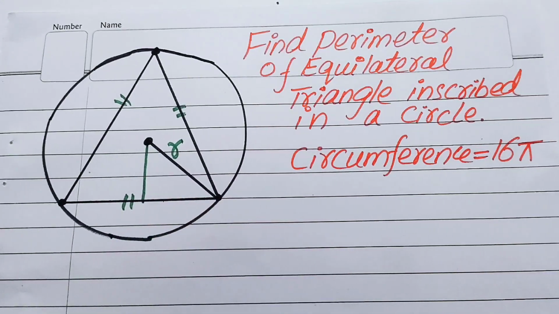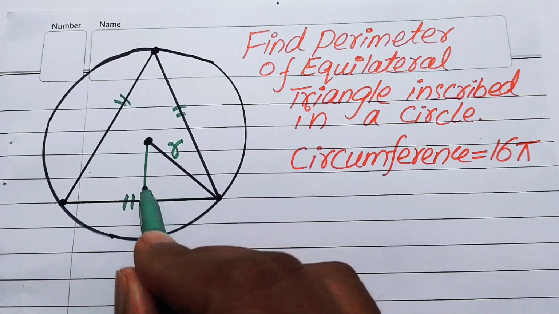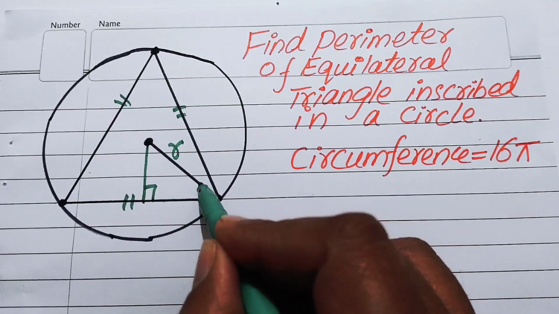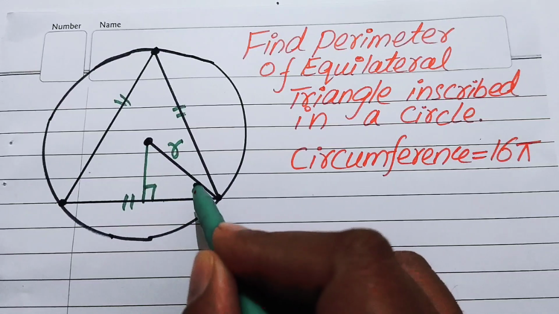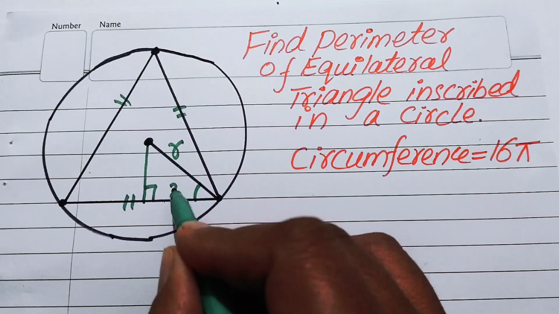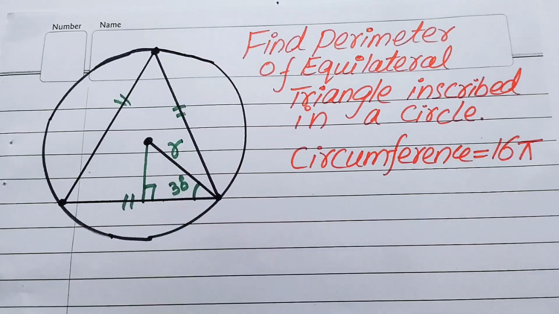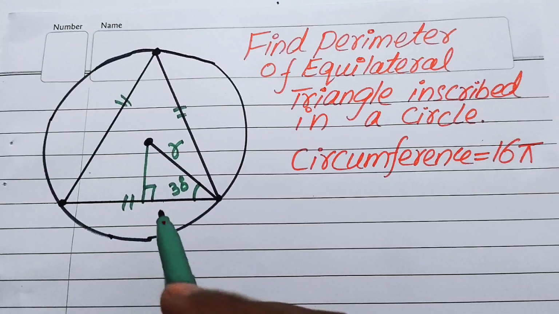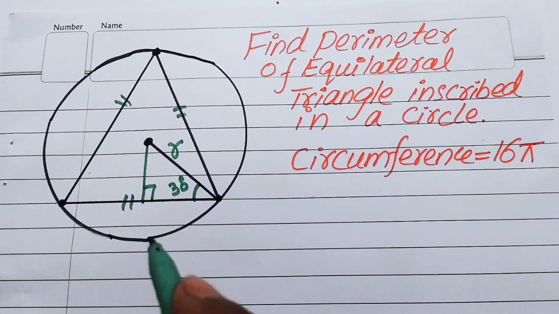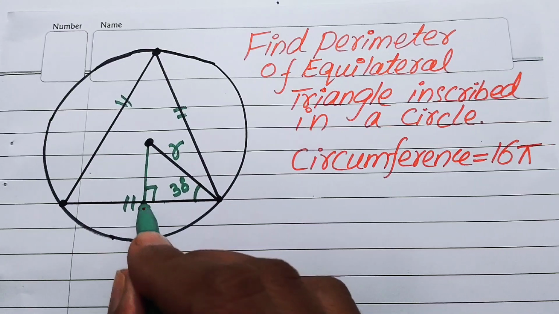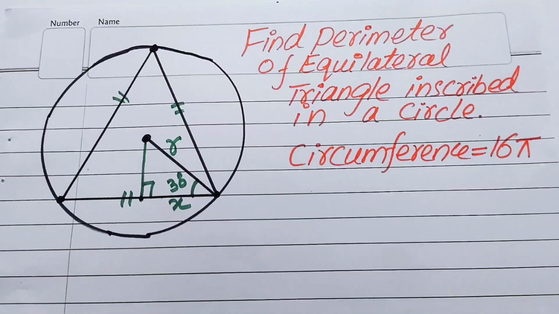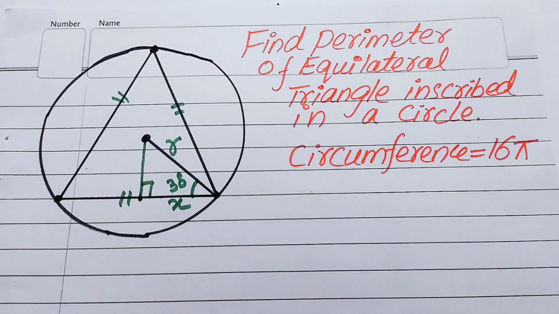So we draw this perpendicular line, which means this angle should be 90 degrees. And suppose the angle between the radius and one side of the equilateral triangle is 30 degrees. I will suppose that the length of this part of the side is x.